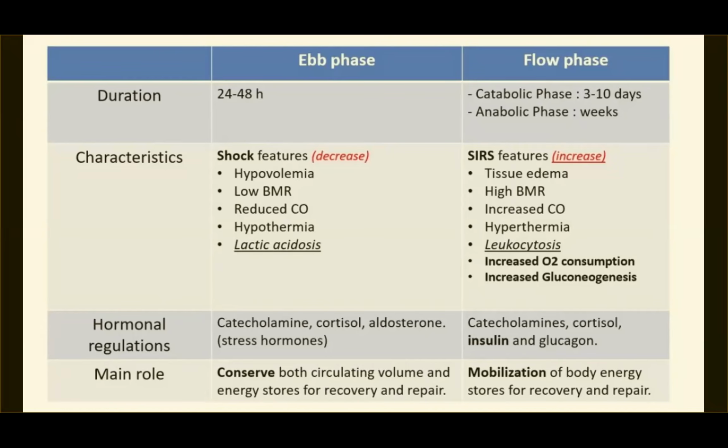Then the subcutaneous fat starts getting degraded into free fatty acids and glycerol. The free fatty acids are again utilized for the formation of ATP in the body. Glycerol is a substrate of gluconeogenesis, and it is important to remember that the brain can utilize only glucose.